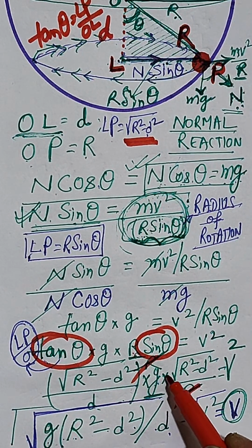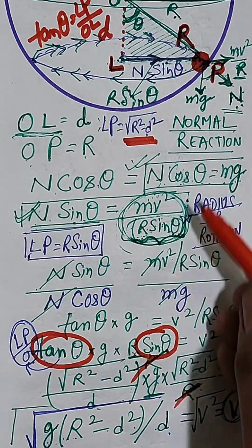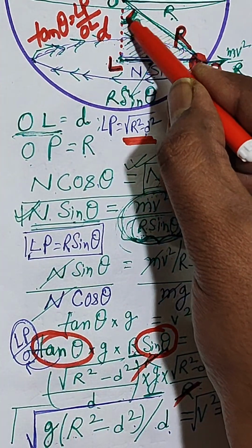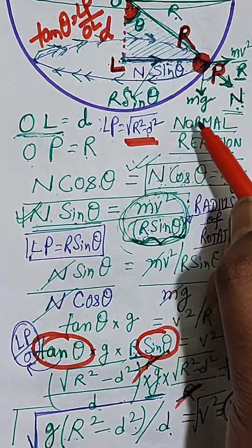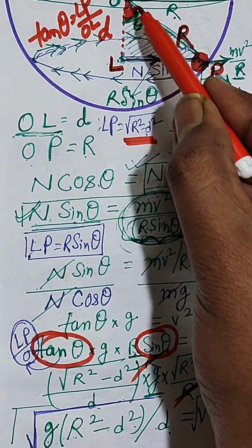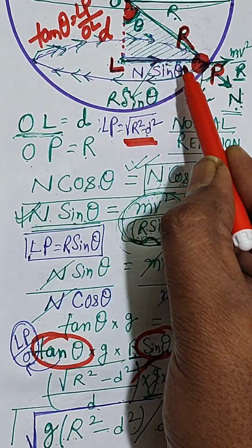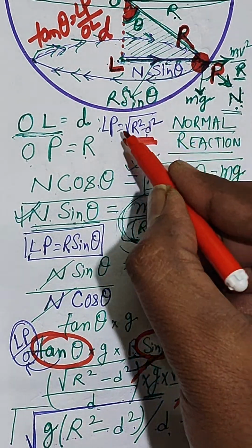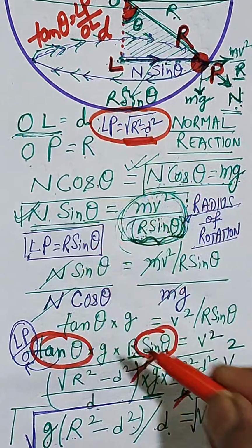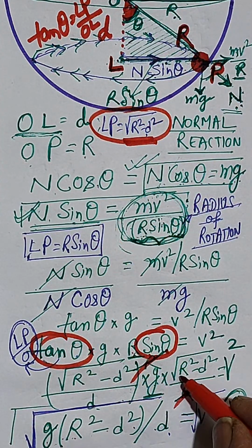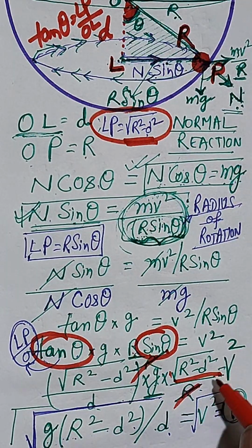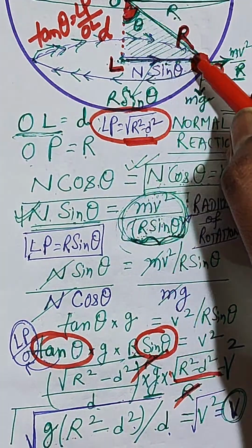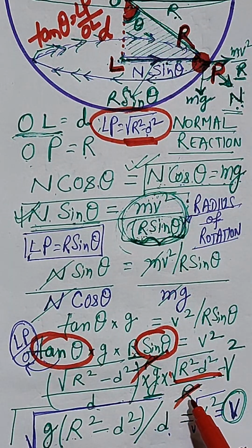Now what is the value of sin theta? If theta is this angle, sin theta will be equal to LP by the radius. LP is root over R square minus D square, by Pythagoras. This is LP divided by the hypotenuse. Hypotenuse is R, right?